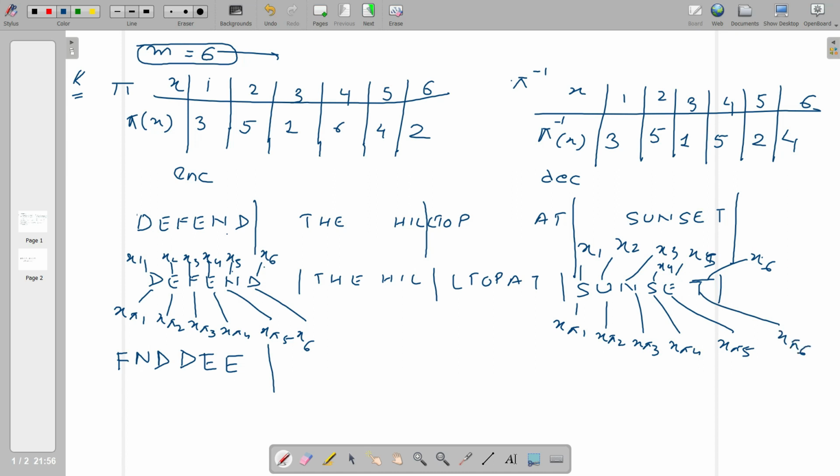Now what is x1? x1 is going to x pi 3. And what is x pi 3 here? n. So it will be n.